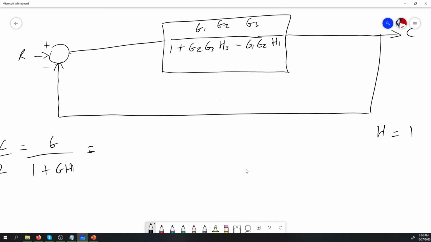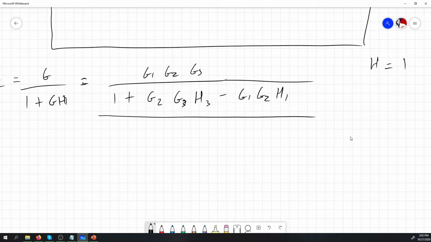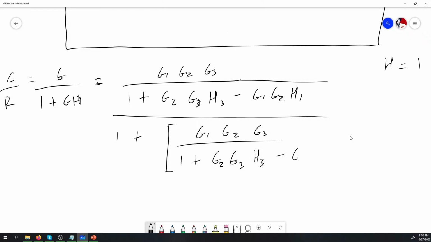Put this in, so G here is going to be G1, G2, G3 divided by 1 plus G2, G3, H3 minus G1, G2, H1, all divided by 1 plus G1, G2, G3 over 1 plus G2, G3, H3 minus G1, G2, H1, multiplied by the value of 1 for H.